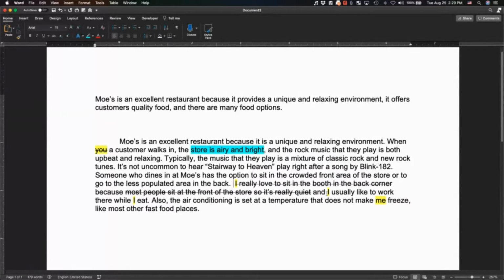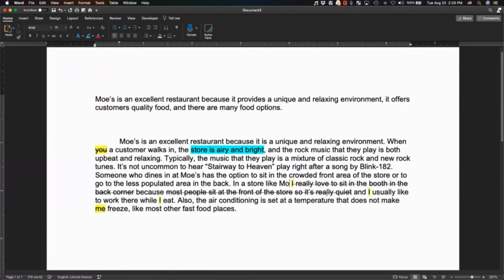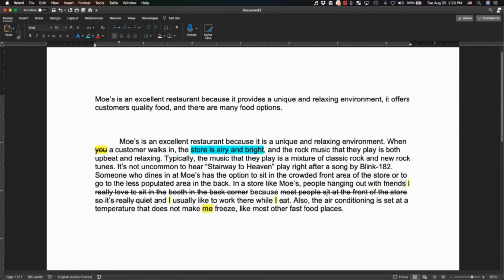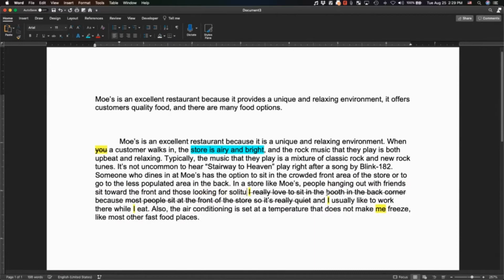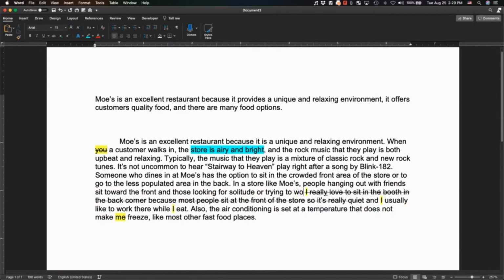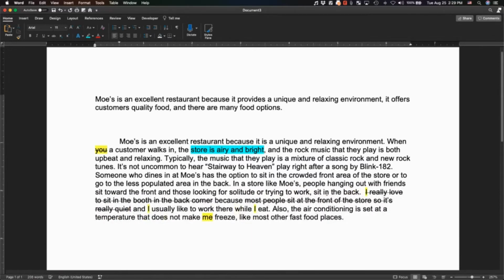So in a store like Moe's, people hanging out with friends sit toward the front, and those looking for solitude or trying to work sit in the back.